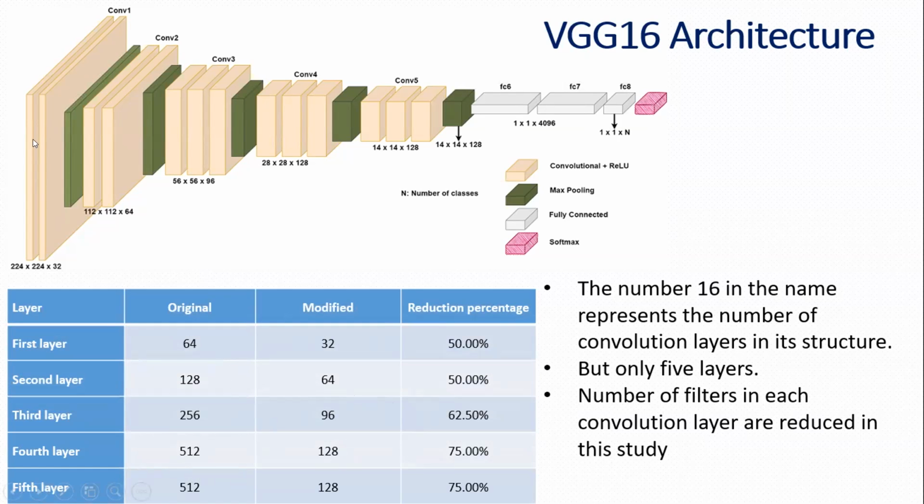For example, in the first layer, the 2 convolution layers have 64 filters, but in our proposed one, we use 32, which is just 50%. And we do the same for all the layers, as you see in this table. So we reduce by as much as 75% in the 4th and 5th layers.